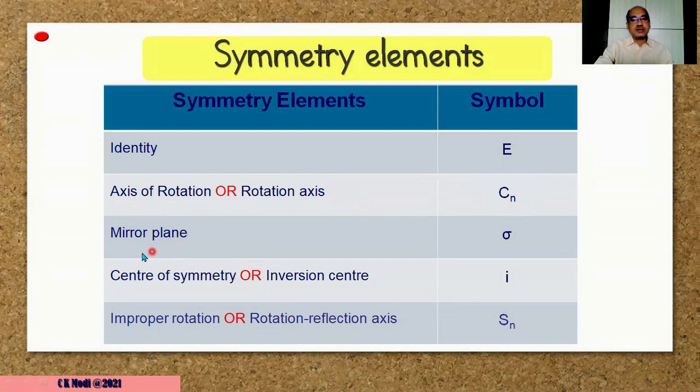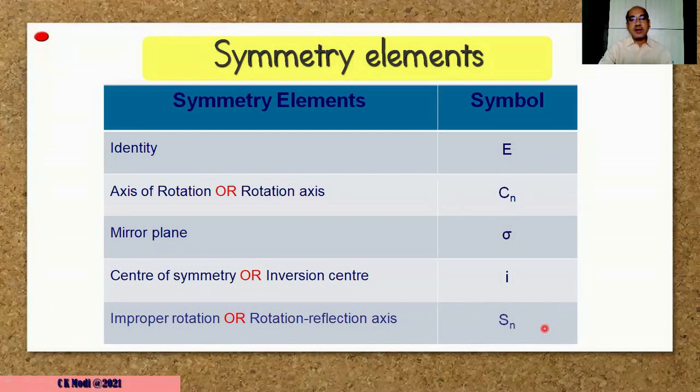The third symmetry element is called the mirror plane, symbolized by sigma. The fourth symmetry element is called the center of symmetry, also referred to as the inversion center, symbolized by i. And the fifth symmetry element is called improper rotation, or the rotation-reflection axis, which is symbolized by Sn. So these are the 5 important symmetry elements.